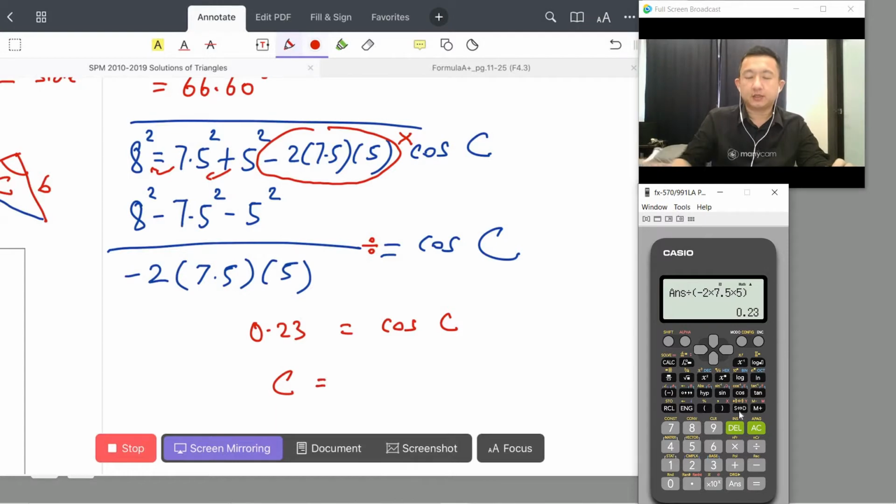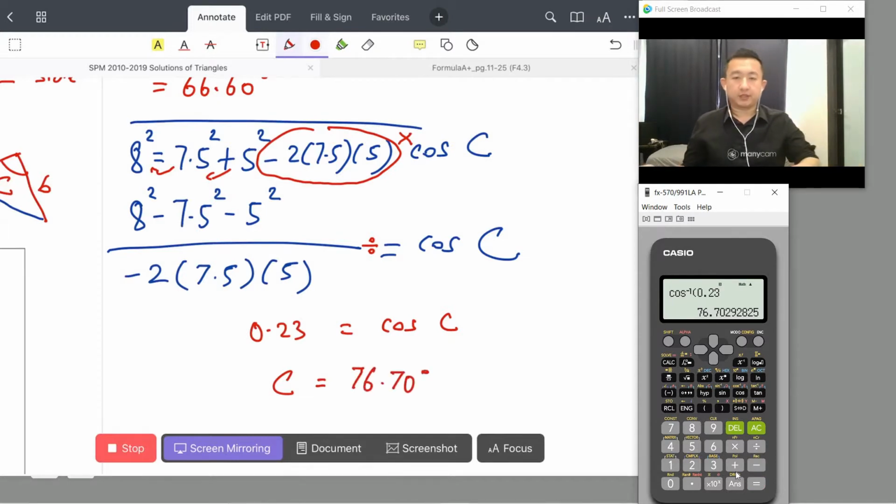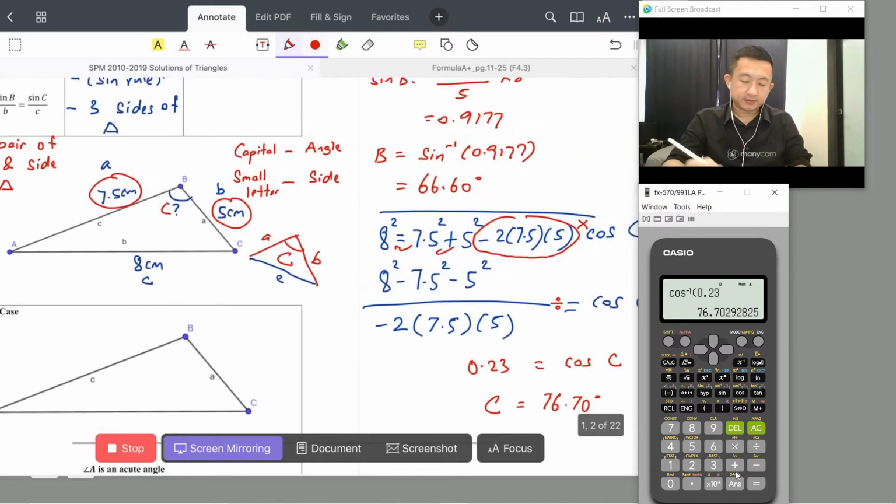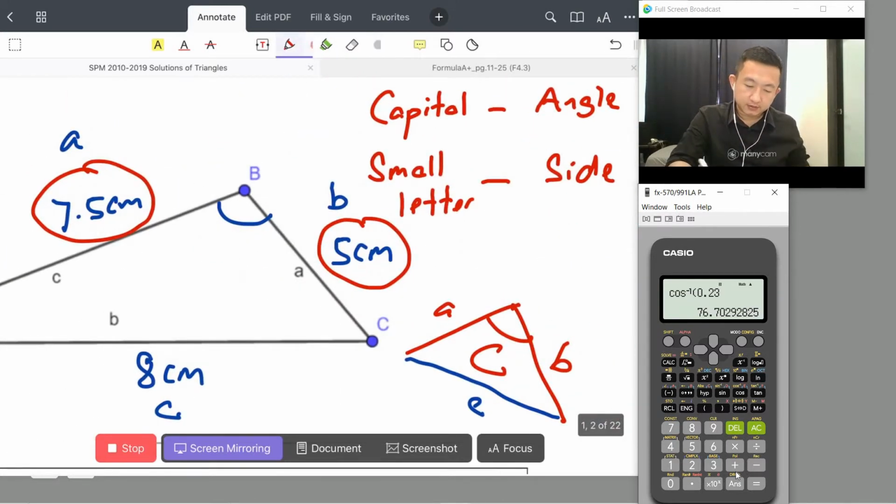And you know, to find it, you have to use shift cos inverse. Okay, shift cos inverse. You have 76.70 degree.